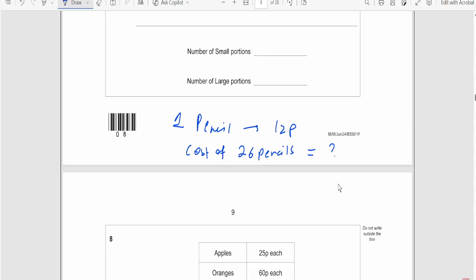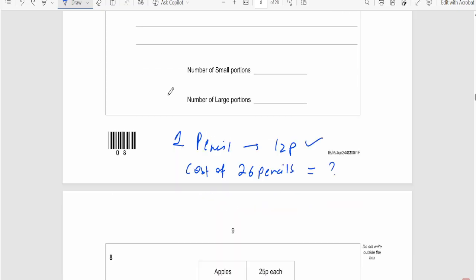What would be the cost of 26 pencils? Can you show me an example, please? I can't remember how to do this one.